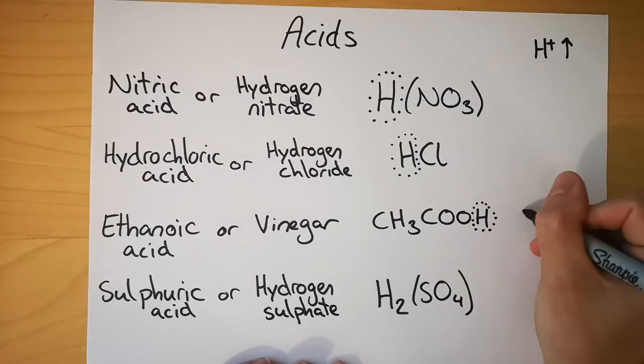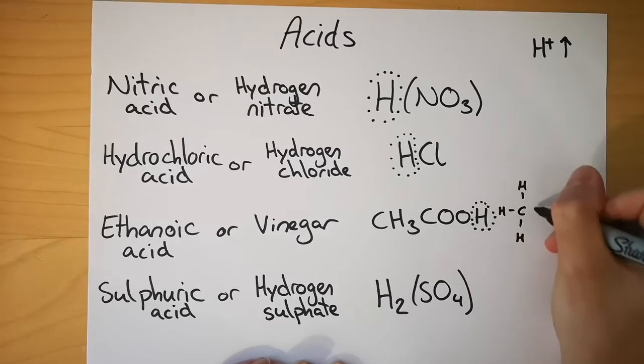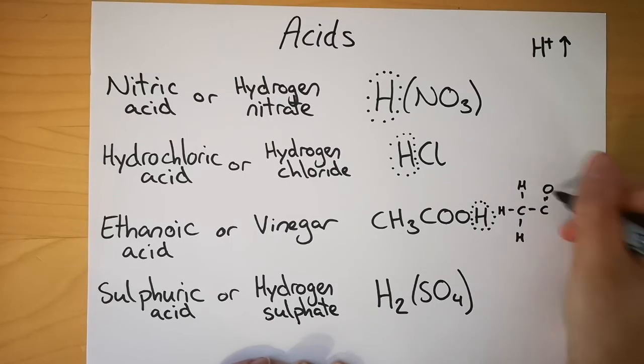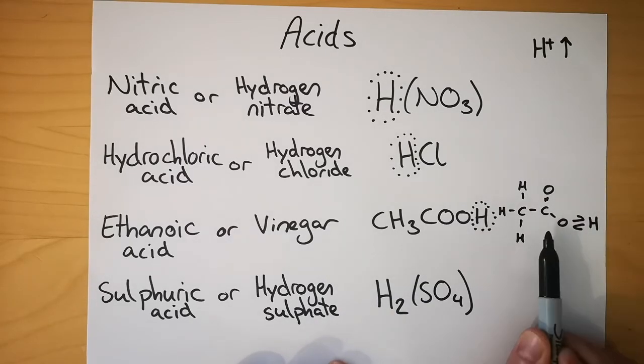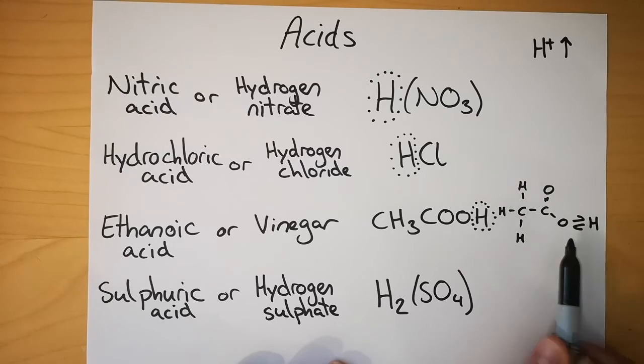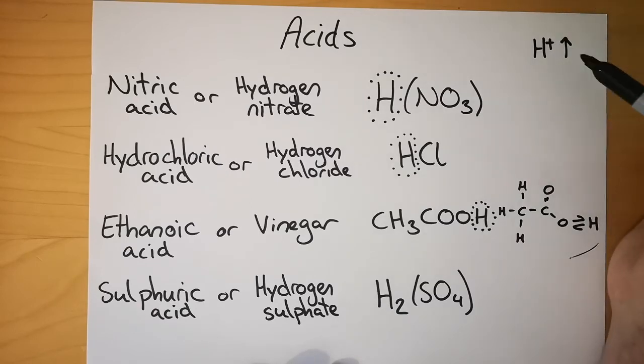Now, what this looks like is, if I draw out the actual structure, that hydrogen is popping off that oxygen. So that's the full structure. That hydrogen will pop on and off that oxygen, and when the hydrogen's off of it, the H positive ions will increase, and you'll have an acid environment.